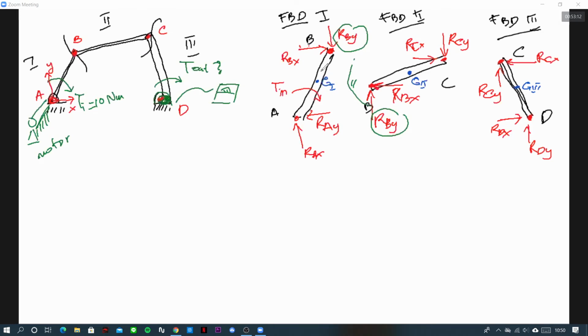So we have to draw the moment, and we should also draw the force at the center of gravity G. I will draw the tangential force and also the normal force. This is a lot simpler.